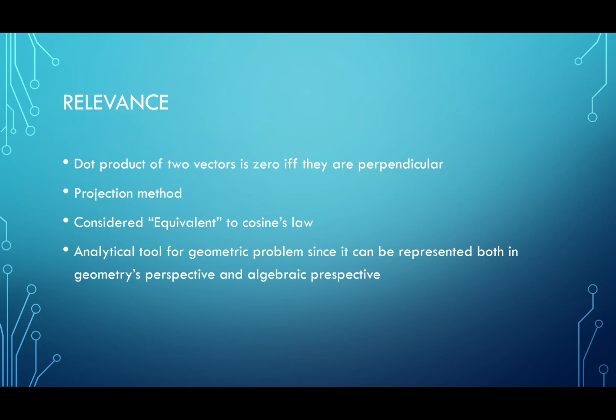So now let's briefly talk about the relevance of the dot product. First, the dot product of two vectors is 0 if and only if they are perpendicular. Second is the projection method. When we're talking about projection, it means that we are doing dot products. And third, the dot product is essentially the cosine law.